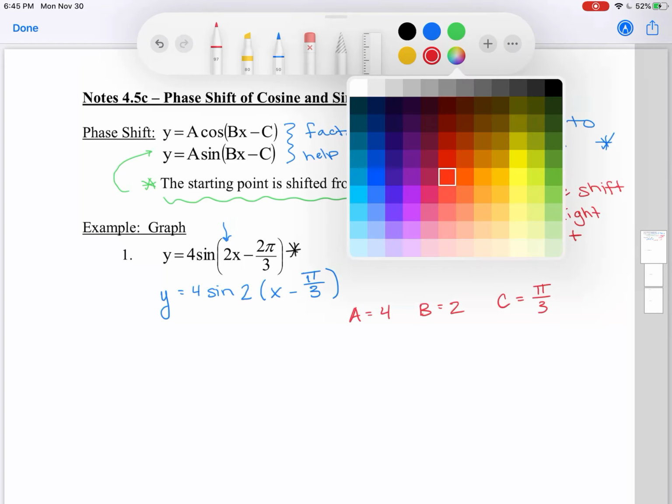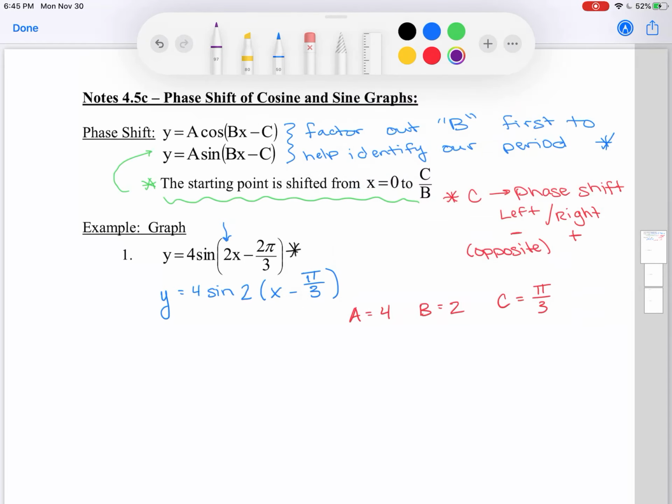Thinking about what my graph is going to do now, before I even get started on making my picture, I know that my height from the center of my line, my sine squiggly line, is going to be 4. My period, based off of the fact that my B is 2, my period will now be 2 pi over 2, which is just pi. We'll get back to that in just a second.